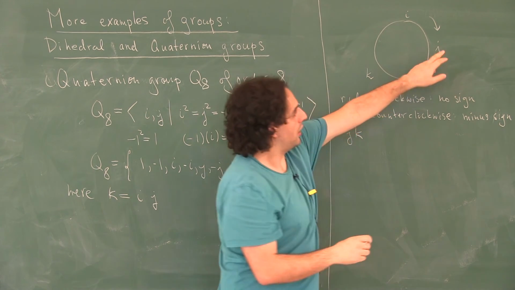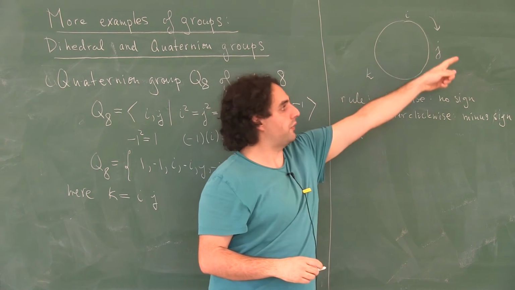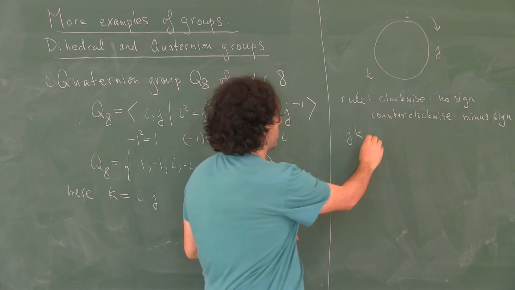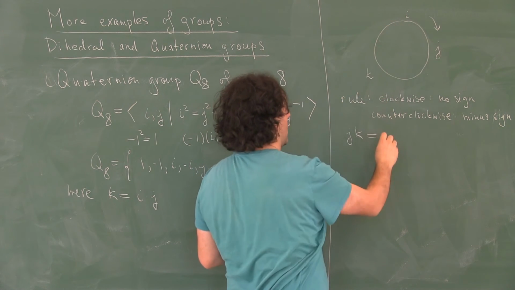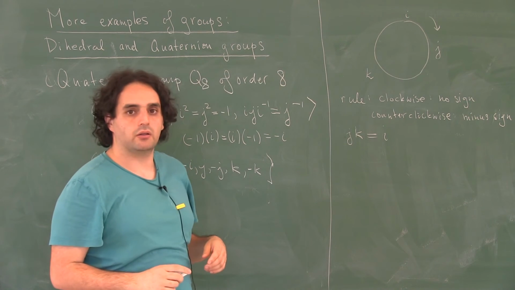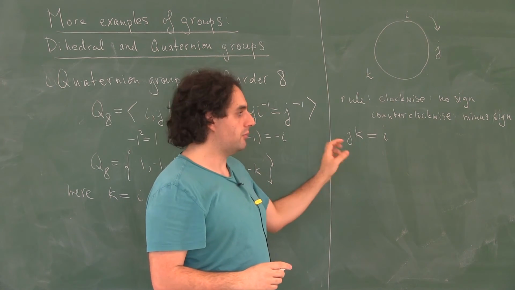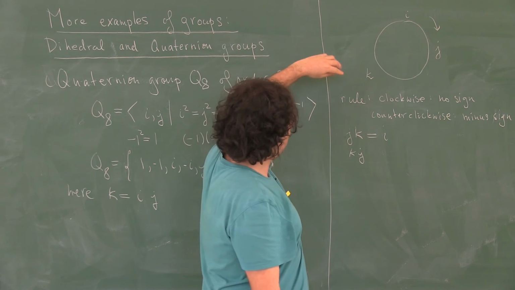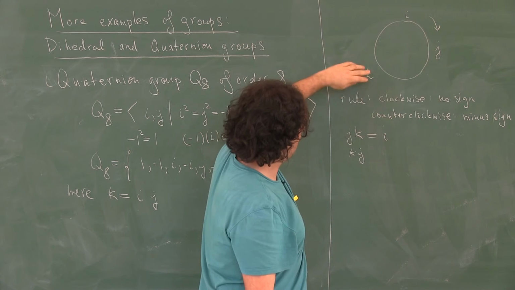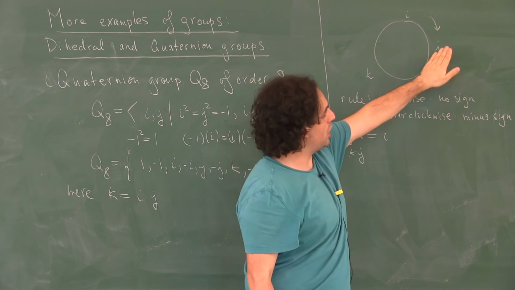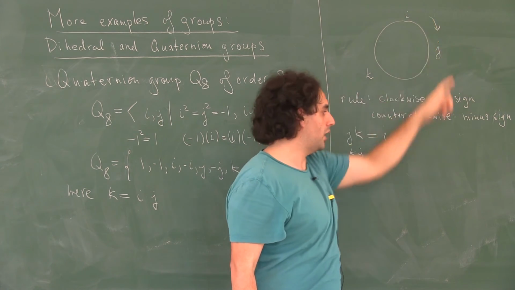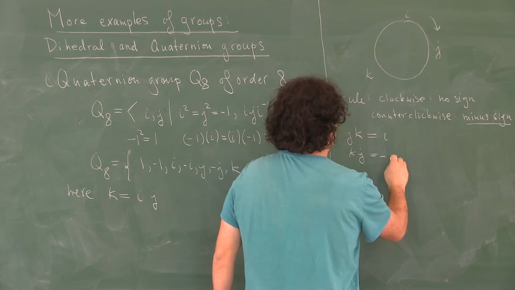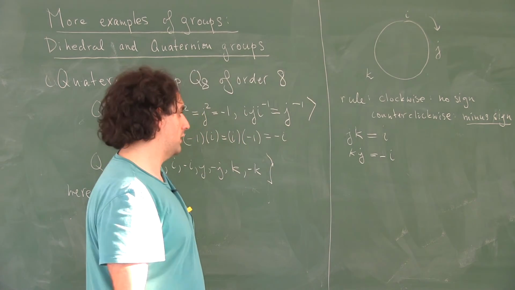Well, I look at the order in which they appear on the clock. First j and then k. This is going clockwise. So their product is the next thing on the clock, which is i, without a minus sign. But if I multiply the same two elements in the other order, k times j, now I have first k and then j. I'm going counterclockwise. So the next thing is i, and I introduce a minus sign, so the product is -i. Okay?